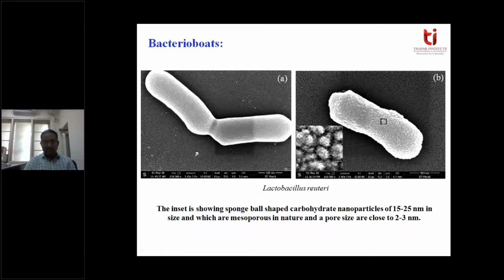This is a FESEM image, which is a field emission scanning electron microscopic image, right? And then a very small portion of that is on the surface of the bacteria. You can see the particles. These are tiny particles, around 15 to 25 nanometer in diameter, which have a pore size between 2 to 3 nanometer.